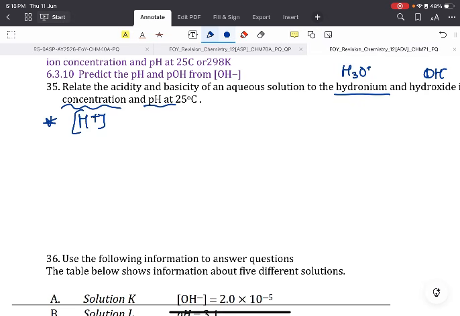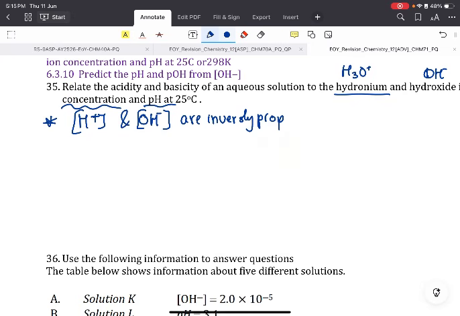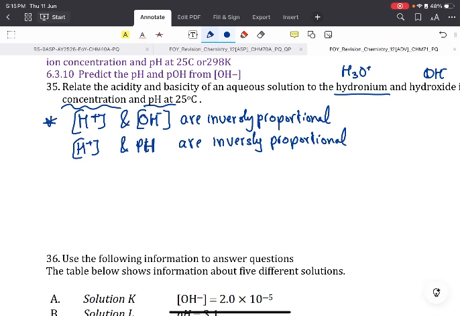H plus and OH minus are inversely proportional. Like one increases, the other one will decrease. H plus and pH are also inversely proportional. So H plus is inversely proportional to everything.